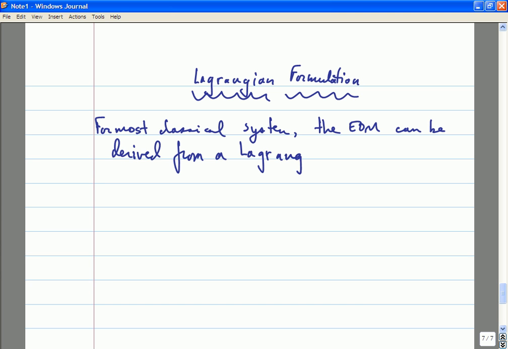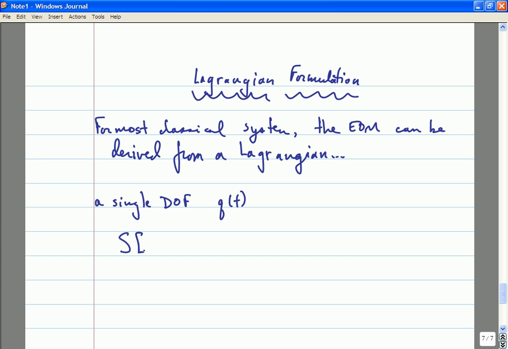Now, you are, of course, most familiar with the cases in elementary mechanics where you have a finite number of degrees of freedom. So, for example, if you have a single degree of freedom, say q, that is a function of time, then you can define an action which depends on q of t.